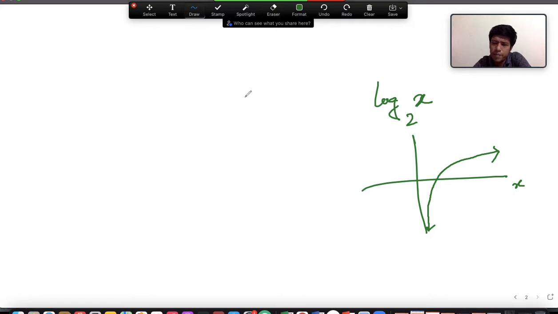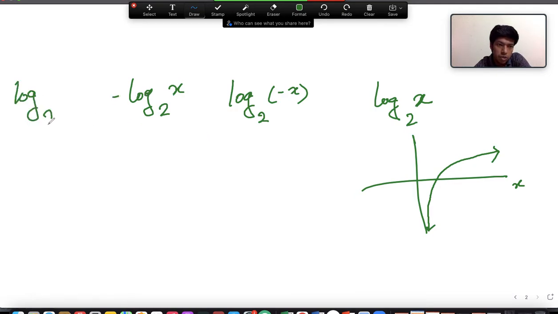Now let's say you have a question. You can ask me, sir, how do I draw the graph of log 2 base, let's say minus x? Let's say you want to give a minus before it. Or you can make a difficult question and say, sir, I want to give a minus here and then I want to give a minus outside of this logarithm.